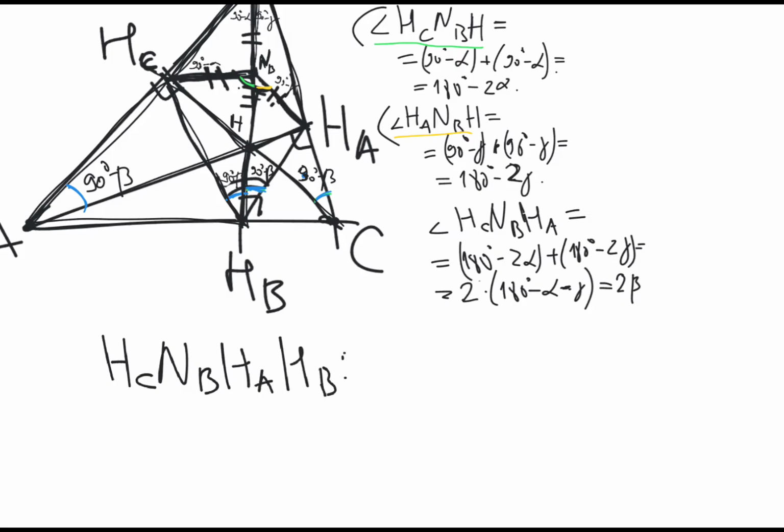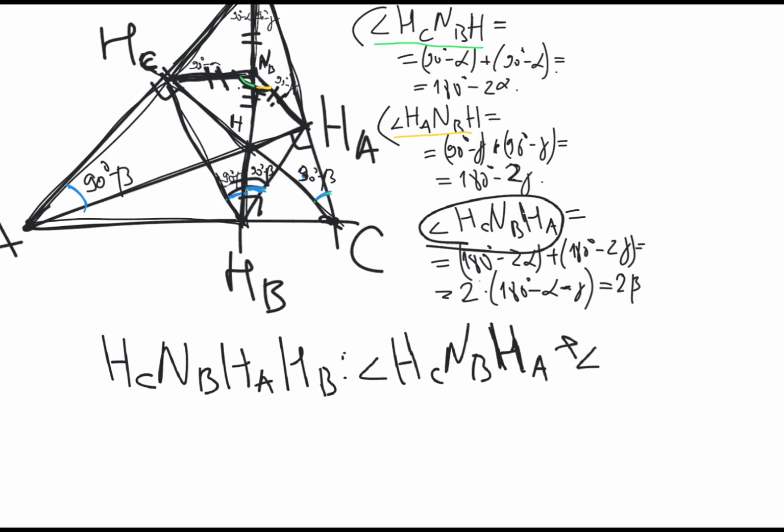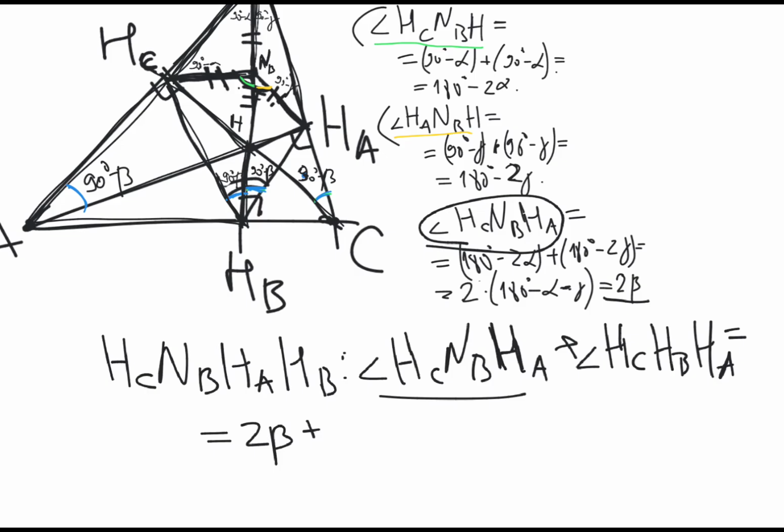The angle HC and B, HA that we just calculated is 2 beta, and the other one, the angle at HB, is 90 minus beta plus 90 minus beta.